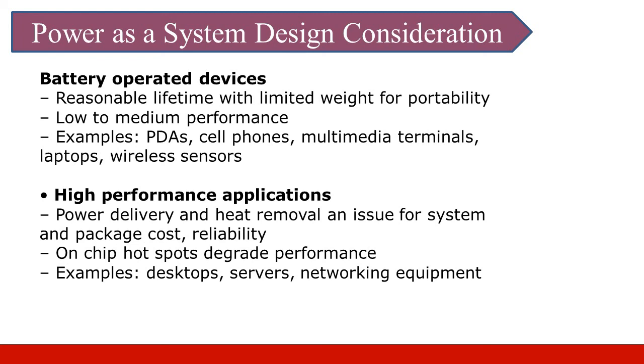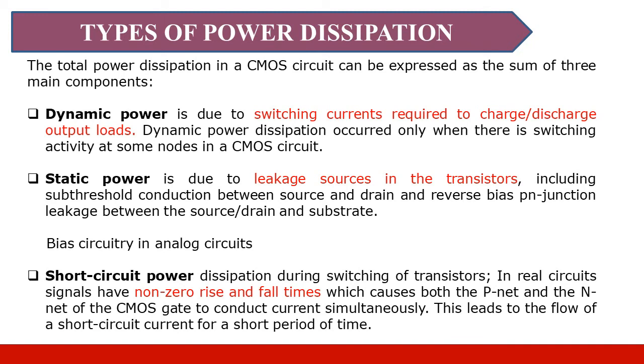Now further, we will see how many types of power dissipation there are in a CMOS circuit. The power dissipation, or power consumption, is categorized into three parts: dynamic power, static power, and short circuit power.